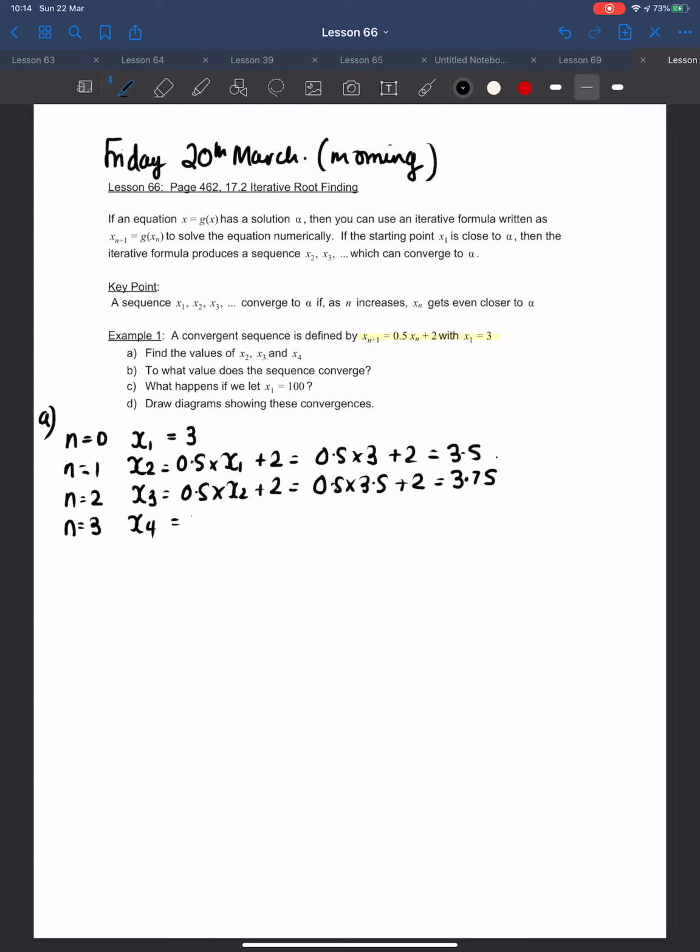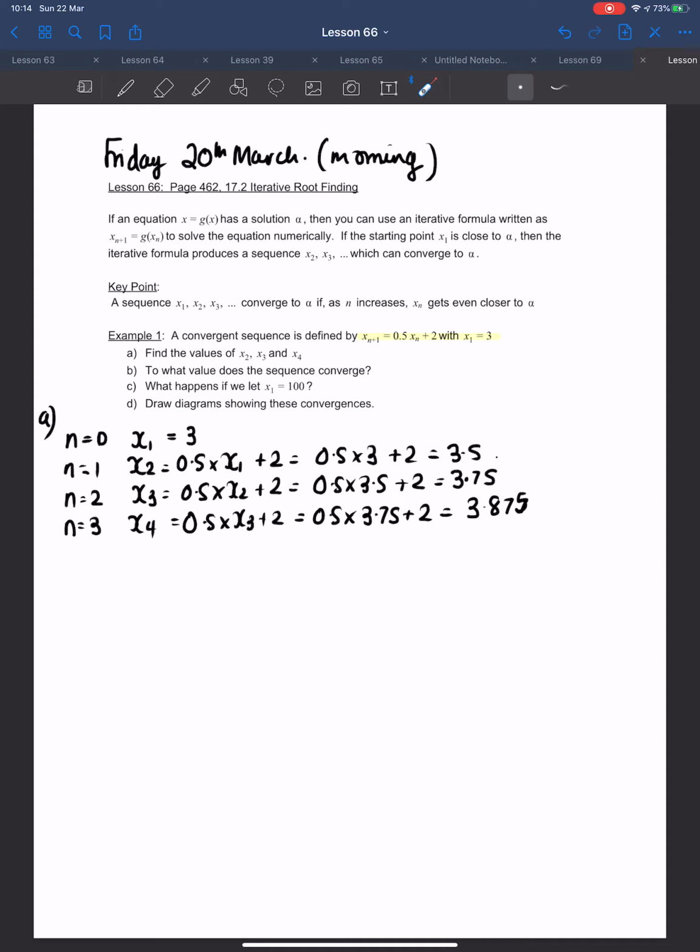So this is going to be a half of x3 plus 2, which is a half of 3.75 plus 2, and that's 3.875. So you can see we start at 3 here. The next one is 3.5, 3.75, 3.875, etc.